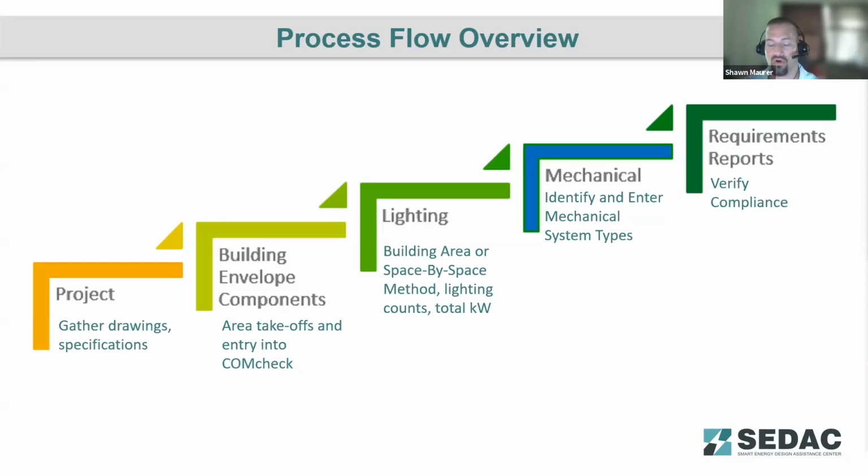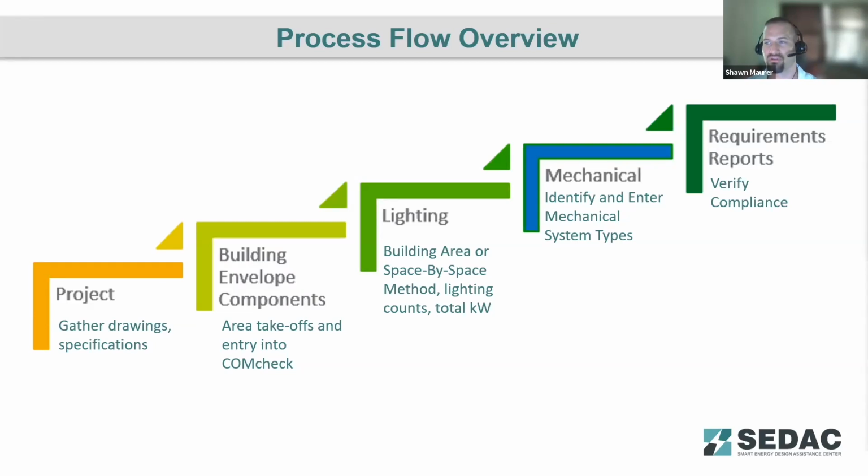The process flow overview for using COMcheck: you start off with general project information. You're going to be gathering drawings and specifications, using those to fill out basic information like the site information for the project, whether it's a new construction project or an existing building that you're doing a renovation to, and certain details about building areas and things of a general nature for the building.